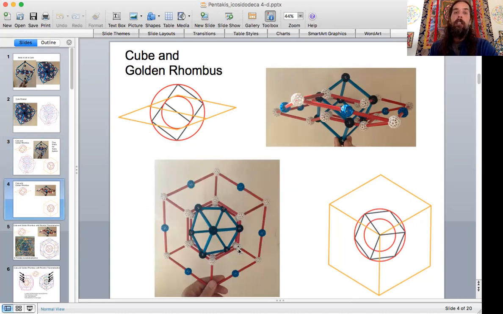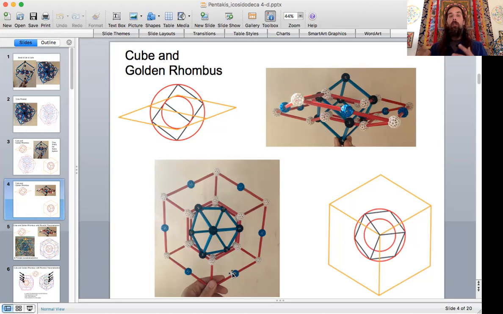And then all of a sudden, if we turn that whole structure, cube and golden rhombus, you'll see that the cube from above, which corresponds to the black cube in here, is meeting those cross sections of the division of the golden rhombus up in here, and there's the larger portion of the golden rhombus out around it.